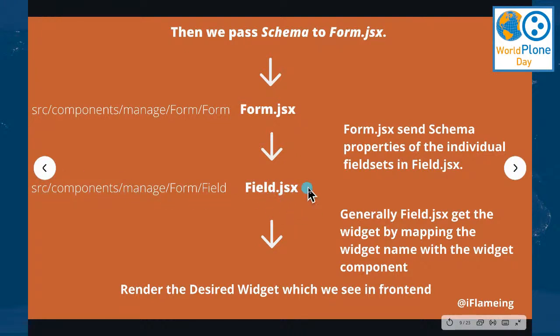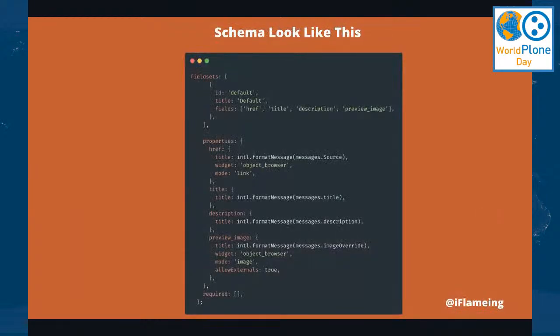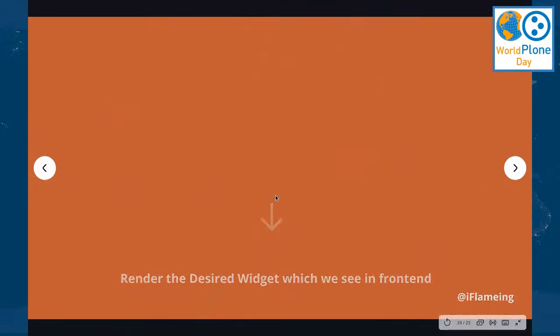So what does field.jsx do? Generally, field.jsx gets the widget by mapping the widget name with the widget component. So you see earlier in this slide, we are passing that the widget should be object browser. If you do not pass one, the default is the text widget. But you can also pass a textarea widget, or a file widget, right?